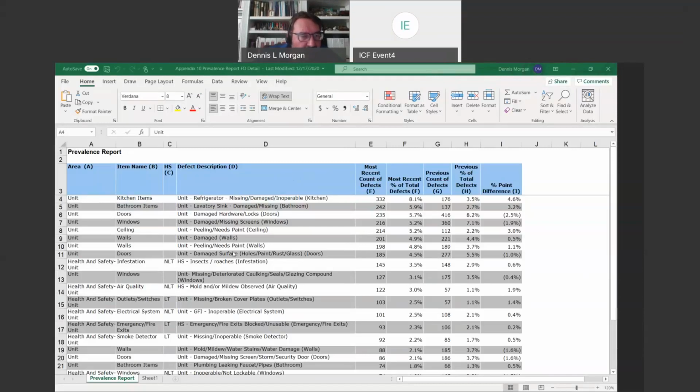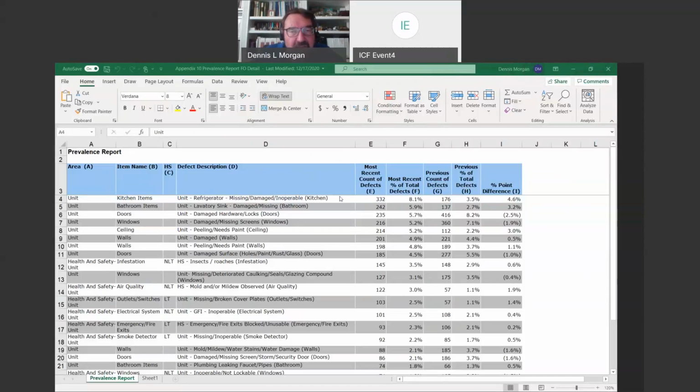Within the dwelling units, I have a relatively high level of lavatory sinks damaged, missing, or having issues. It says I went from 137 previously to 242. So you have a systemic issue: 5.9% of the total defects are coming from this area alone.